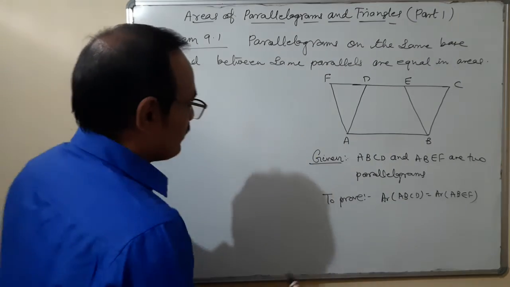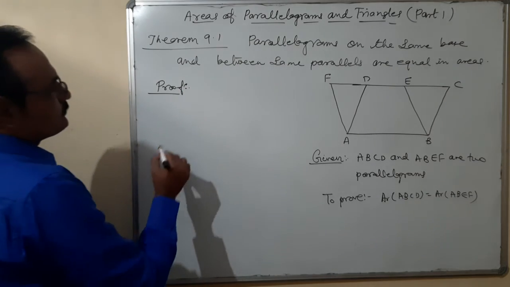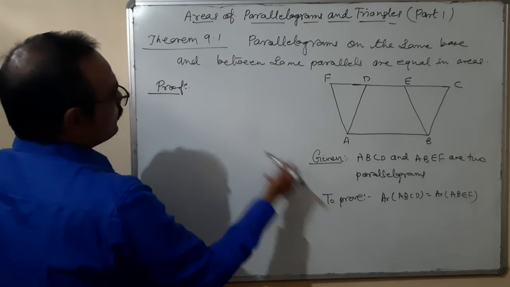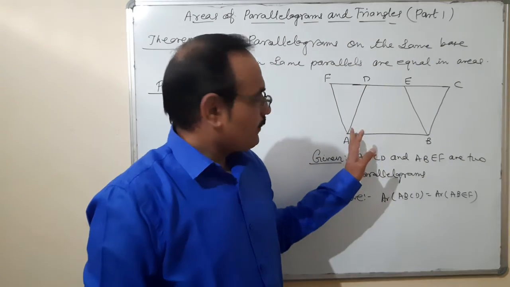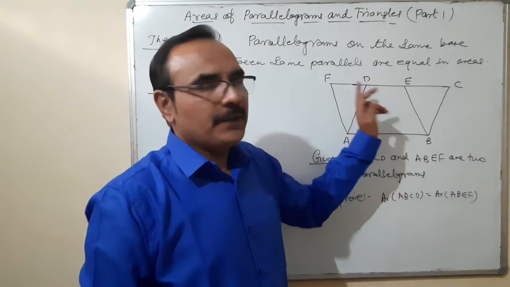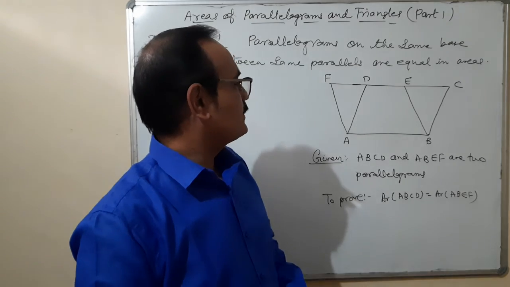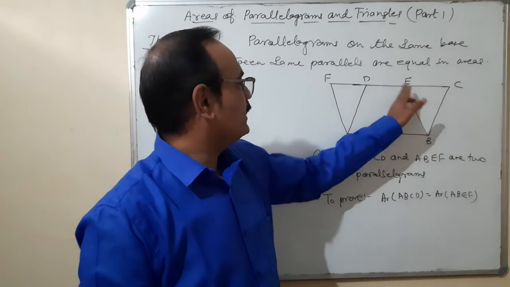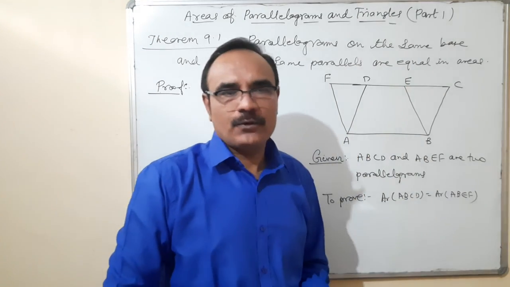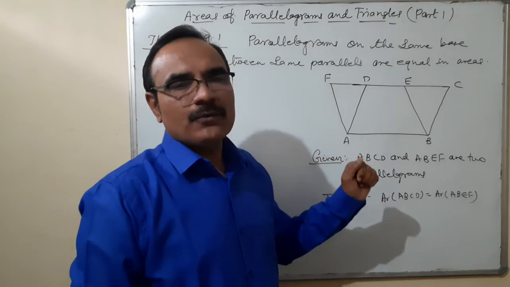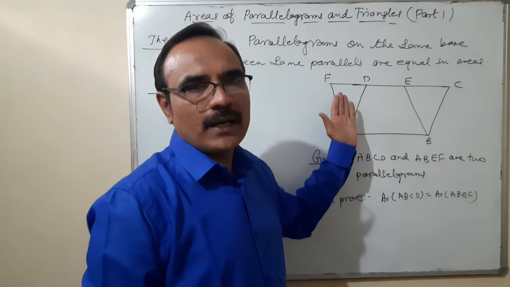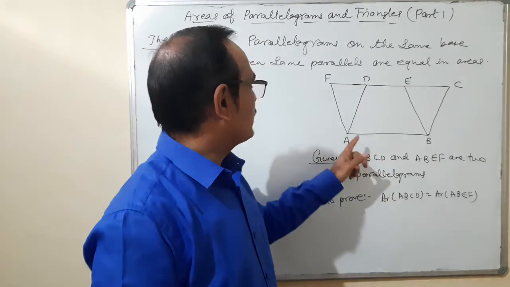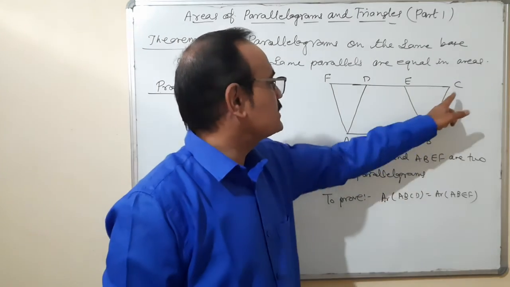Proof. You can see that in ABCD and ABEF, ABED is the common portion. First of all, you can see that there are two triangles, one on my left and one on my right: triangle ADF and triangle BCE.